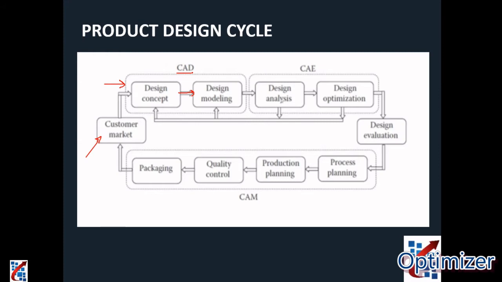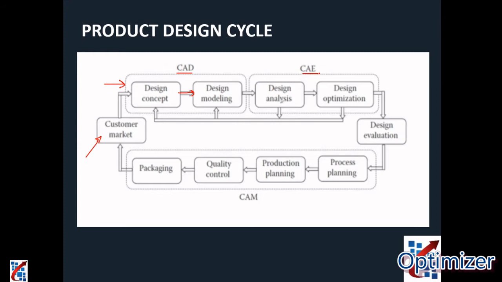So after CAD, the next part is CAE. CAD stands for computer aided design, and CAE stands for computer aided engineering. Then design analysis, in which we assign virtual boundary conditions.